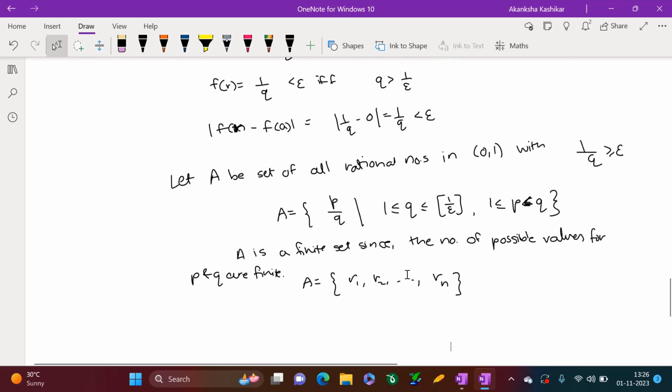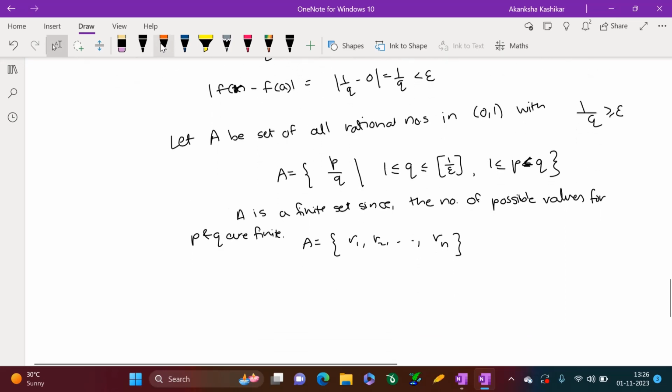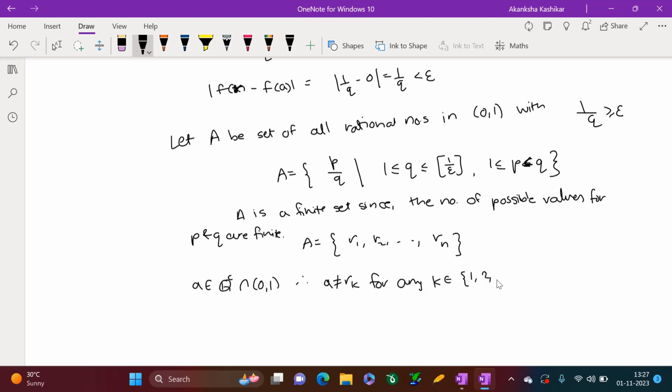And our a is irrational, so of course a is not equal to rk for any of them. So a belongs to Q complement intersection (0, 1), therefore a is not equal to rk for any k from 1 up to n.